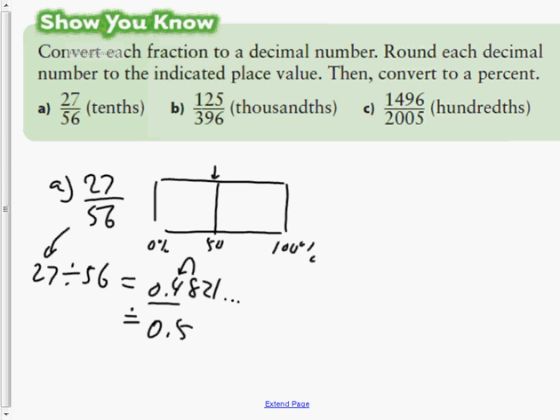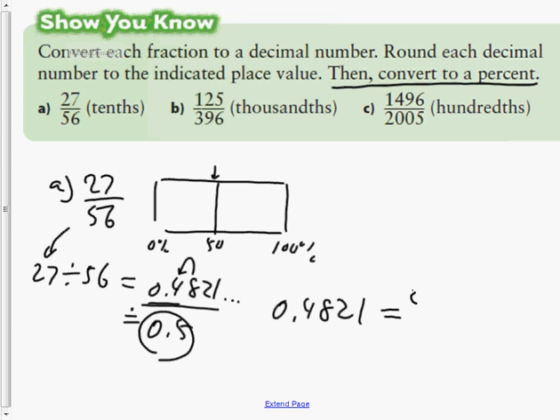But then it says, then convert each to a percent. Okay? So I'm not going to use this one. I'm going to use this one to do my percent. 0.4821 dot dot dot, if I was to convert that to a fraction, would be 4,821 ten-thousandths.